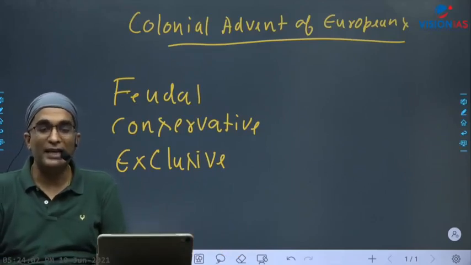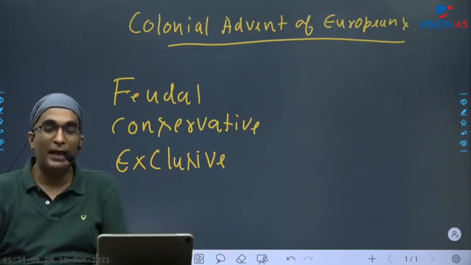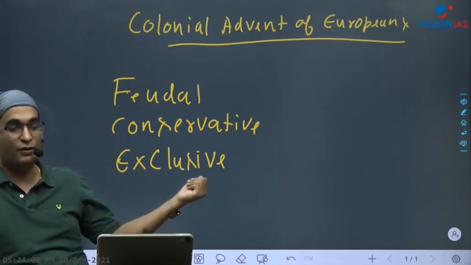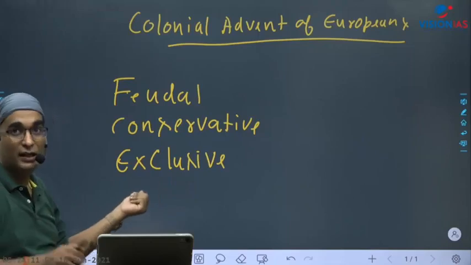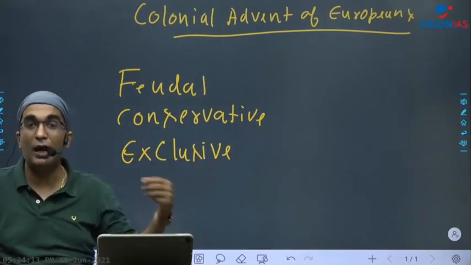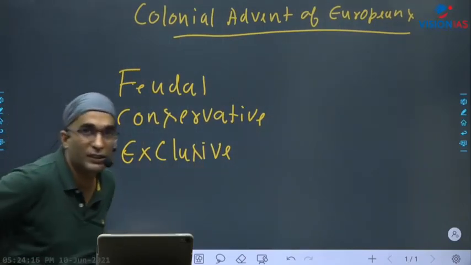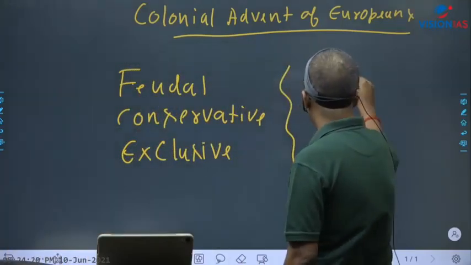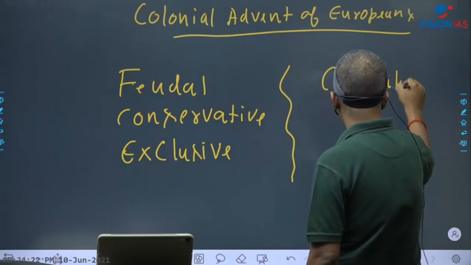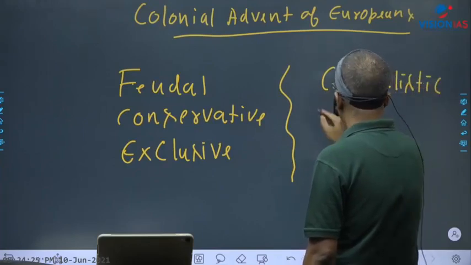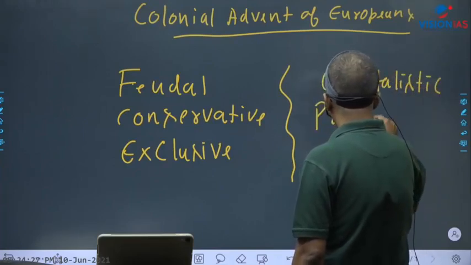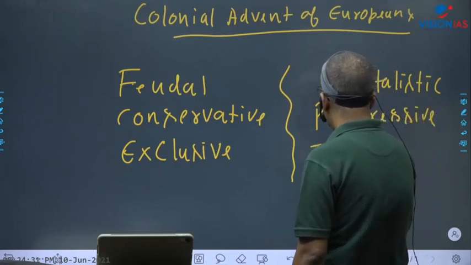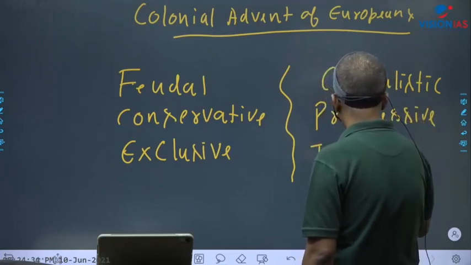But in these 450 years, India transformed itself from this kind of society to a capitalistic, progressive and inclusive social system. So this was the initial, and then we became a capitalistic, progressive and inclusive social system.